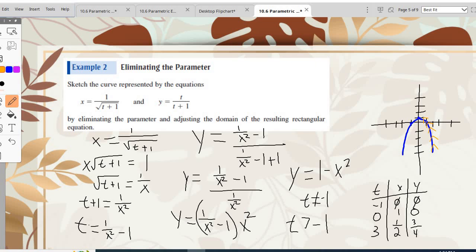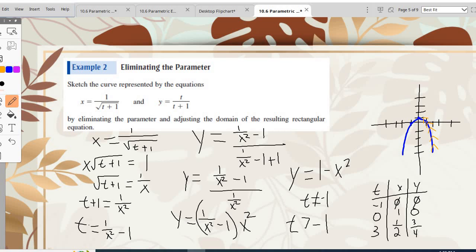Yes? So we know we're moving to the left, but now let's think about, are there any values for t that I can plug in and get a negative x value? Can the top be negative? It's 1, right? Can the square root be negative? No. So since I can't get a negative in here, my x's can't be negative.